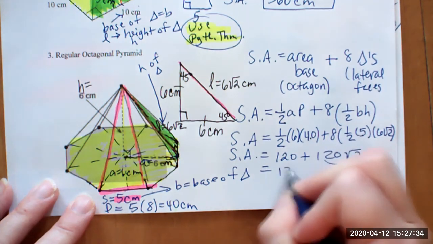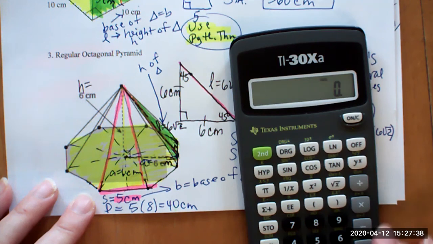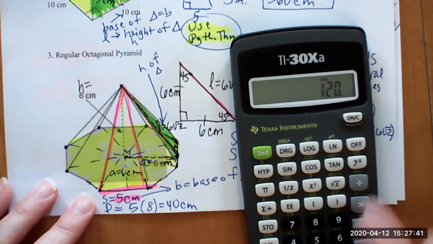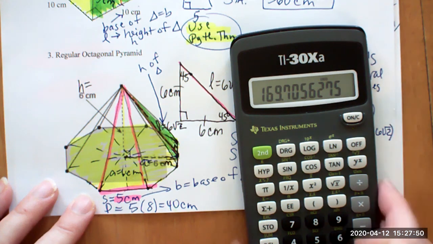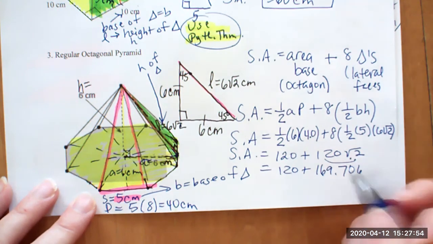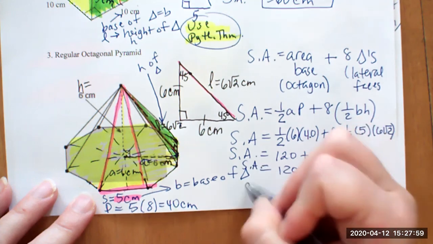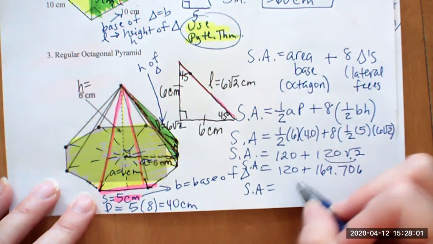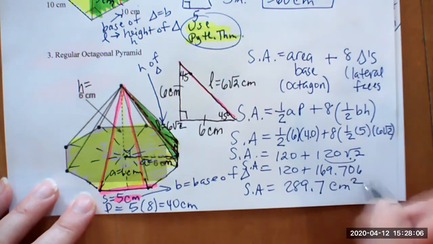In the calculator, you just say 120 times the square root of 2, equals, and you'll get about 169.706, going out 3 decimal places for now. If I add that together to get the surface area, the final answer is 289.7 centimeters squared, rounding to the nearest tenth.